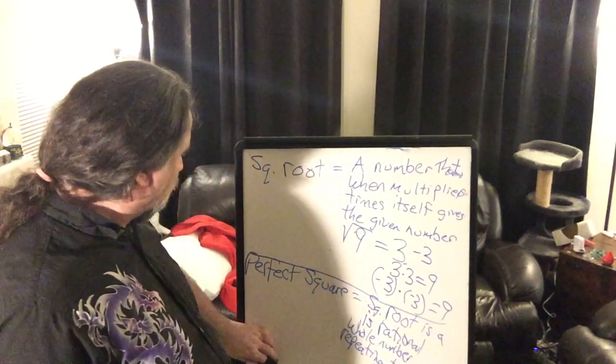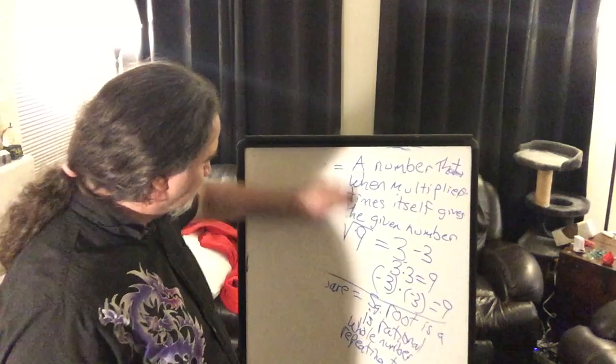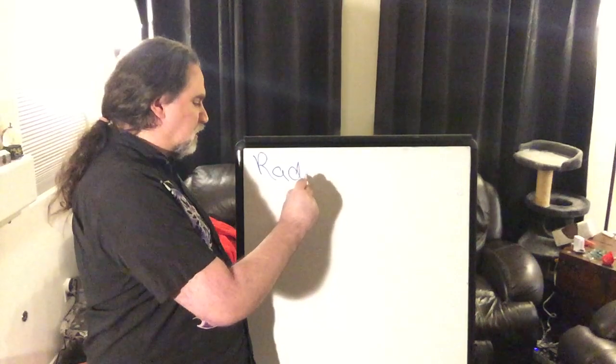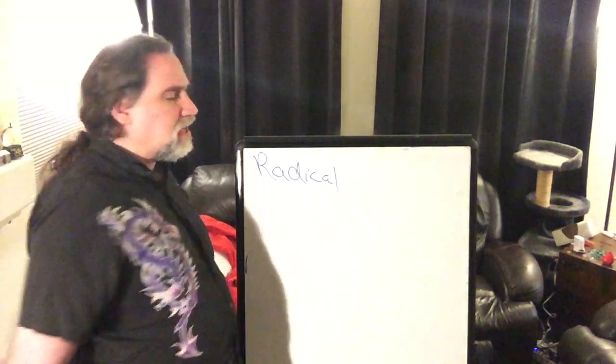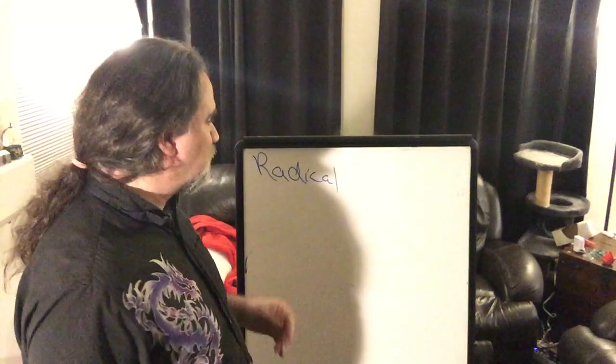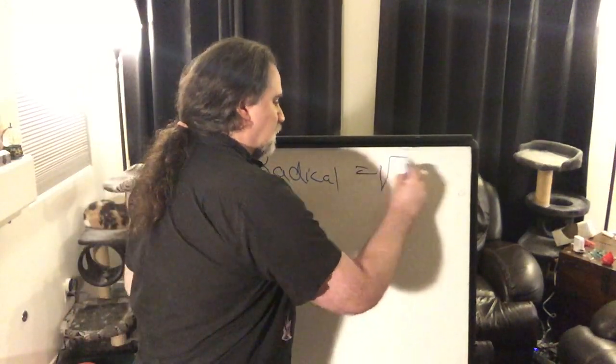All right. I got one more vocabulary, but I don't have any space, so I'm going to erase and give myself some room to write. The word is radical. Now, this is not surfers on the beach going, dude, it's radical. This is the symbol for square root.